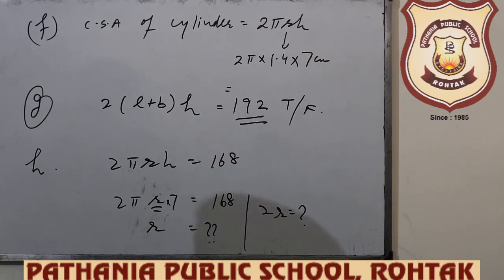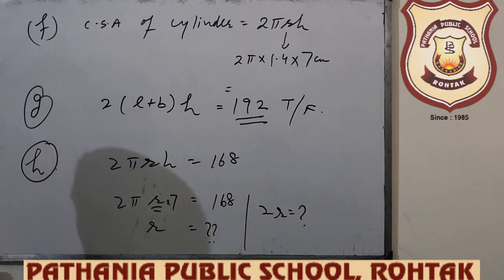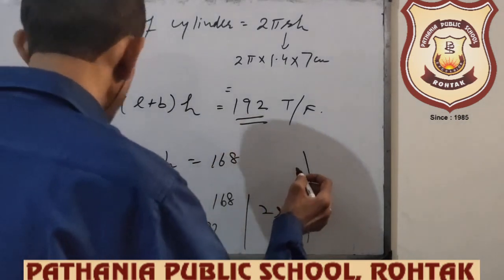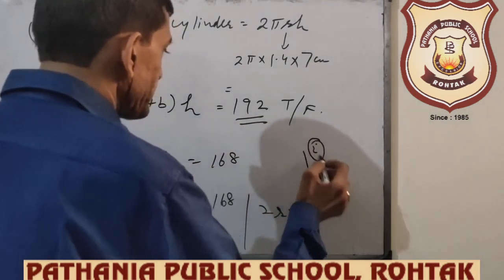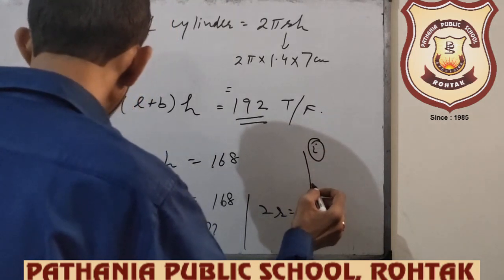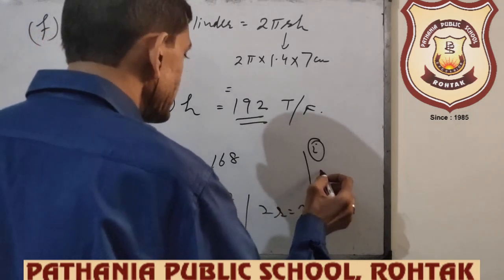I part, a surface area of a cubical water tank of side 4 is 1596. भाई क्यूब है कोई. I part में बेटे, cube is given and the surface area of a cubical water tank. Total surface area क्या होता है?